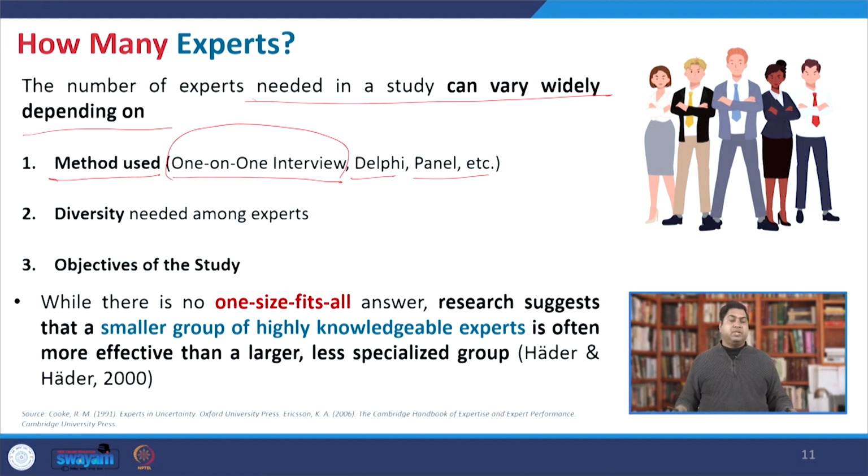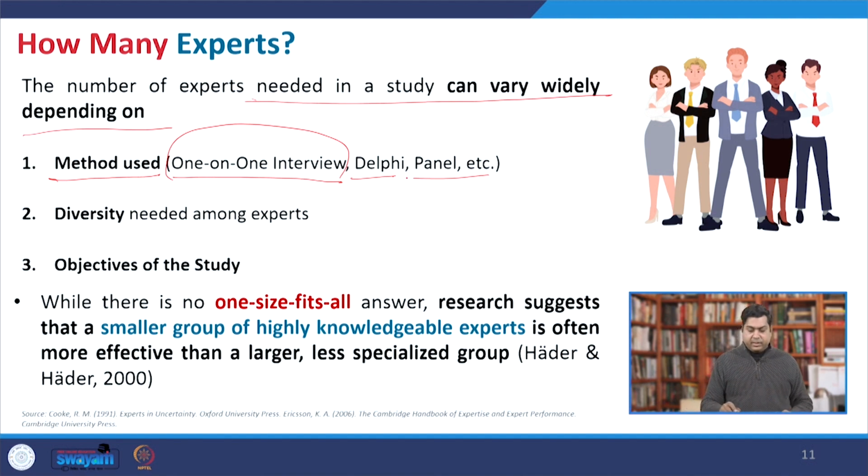I will show you with certain case studies what kind of expert survey we have conducted in our research or some of the other papers that we have referred, and will be presenting those kinds of processes, what kind of method used and how they have captured the expert opinion.